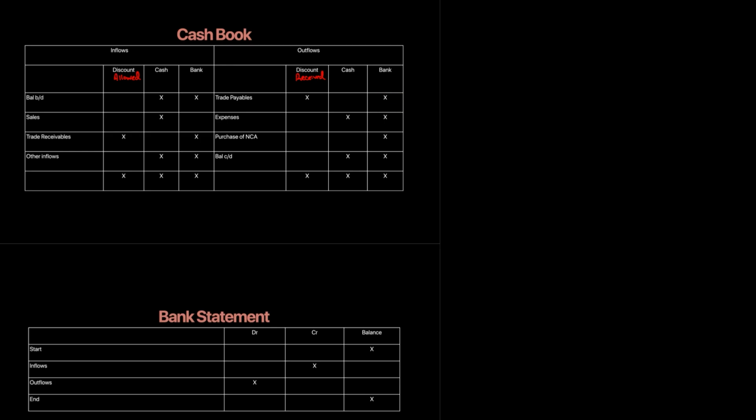So our job at the end is to reconcile our cash book and our bank statement, and they both should result in the same balance. In the next video, I will teach you how to reconcile your cash book and bank statement and to detect entries that have been missing from either the cash book or the bank statement. And we can see that our balance should reconcile at the end after these corrections.